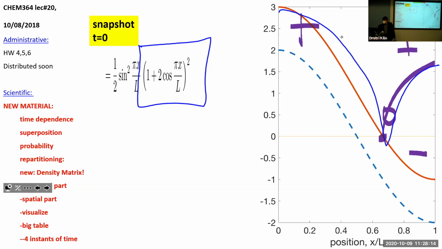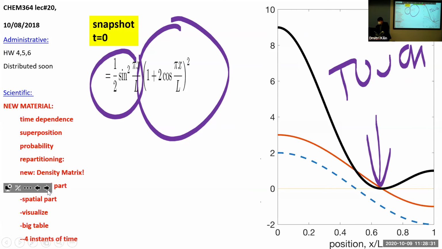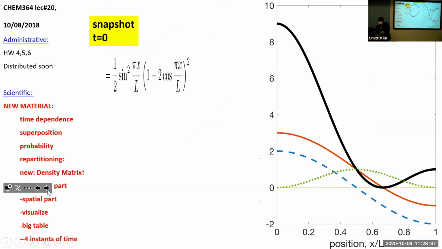And now we need to multiply this blue thing times sine squared. So sine squared is this little green stuff.